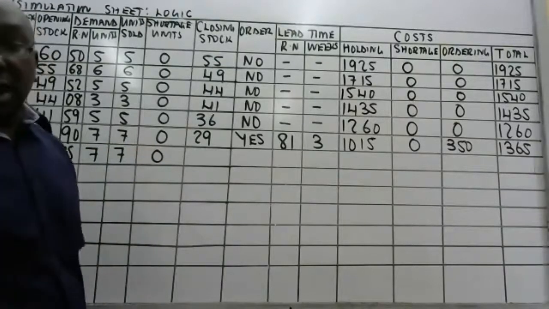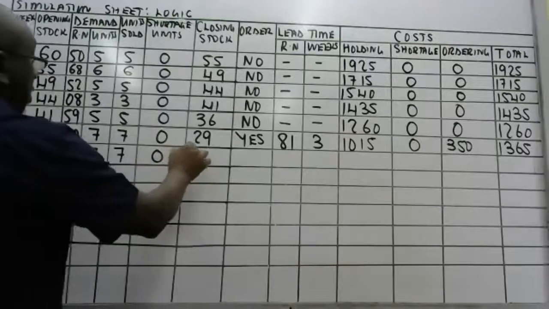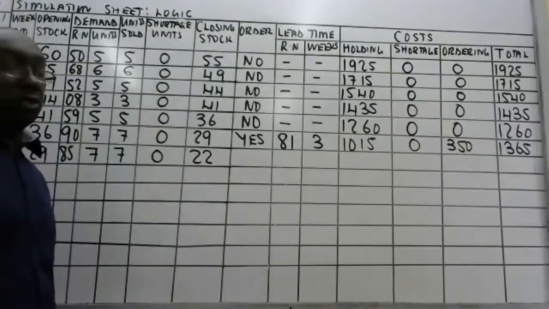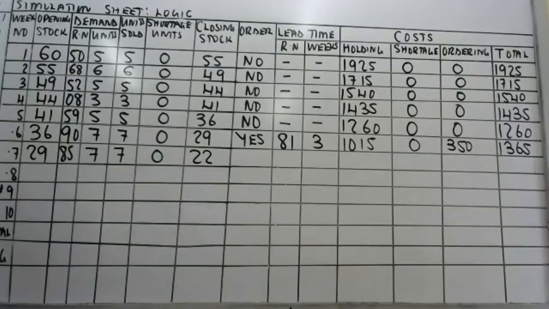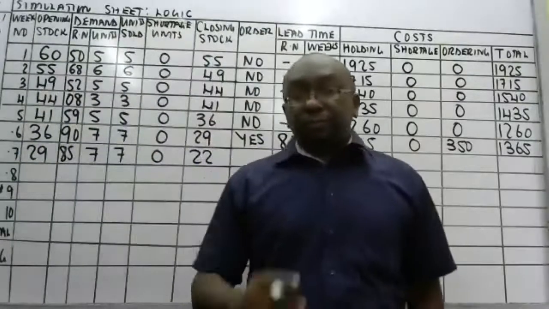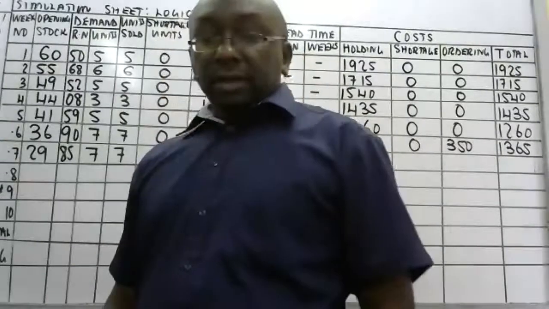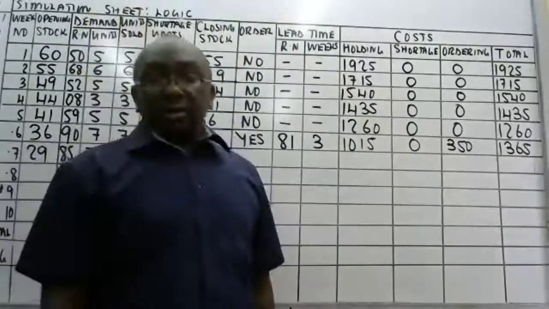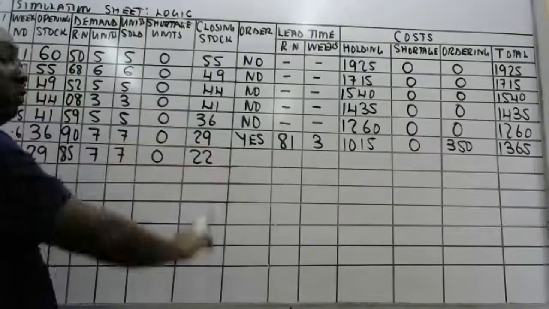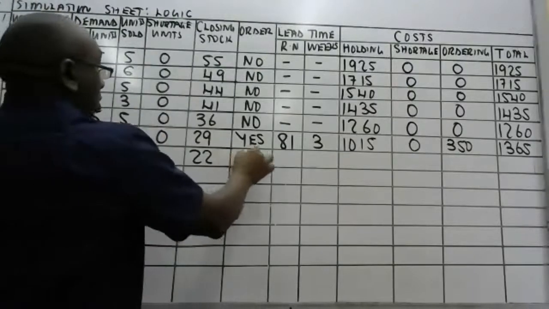We close with 22. Do we place an order now? We are not placing the order because we are waiting for the one we placed earlier on. So the answer is no.